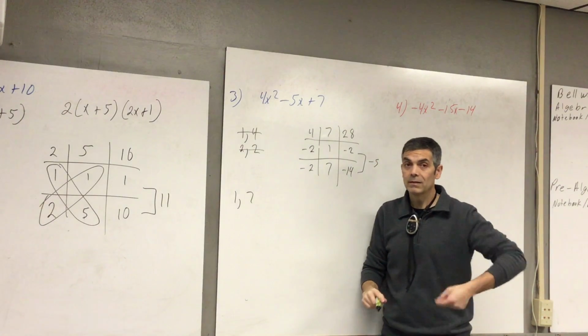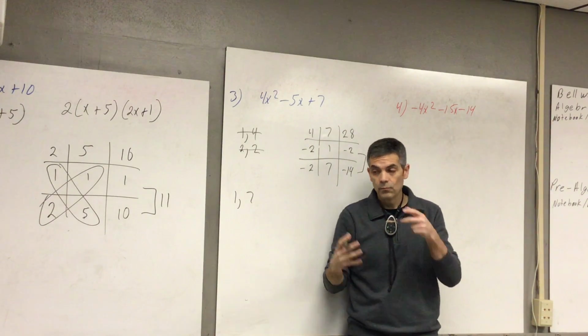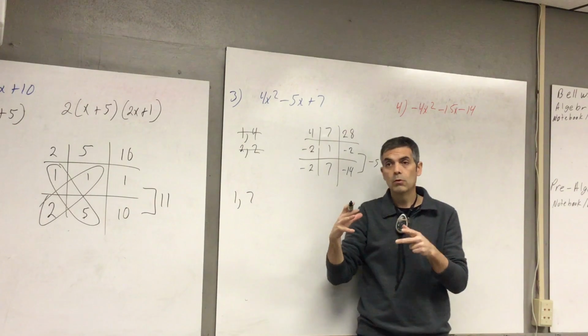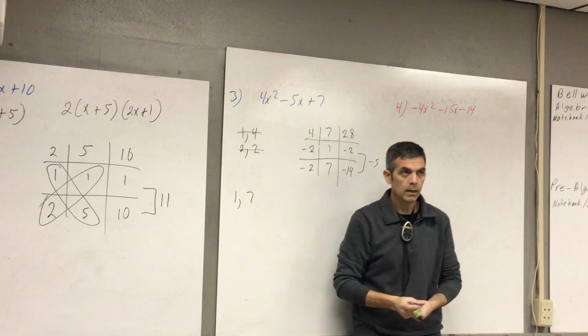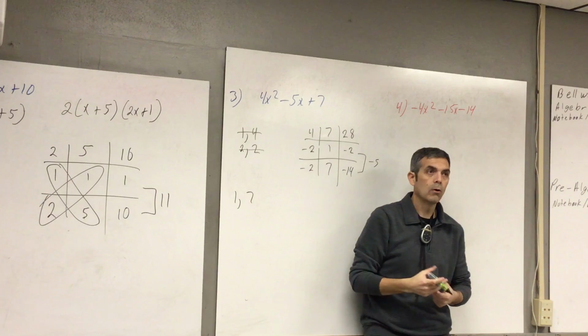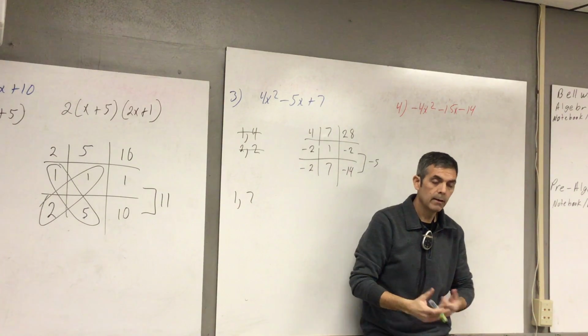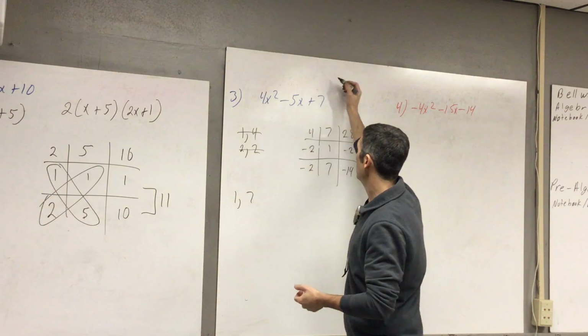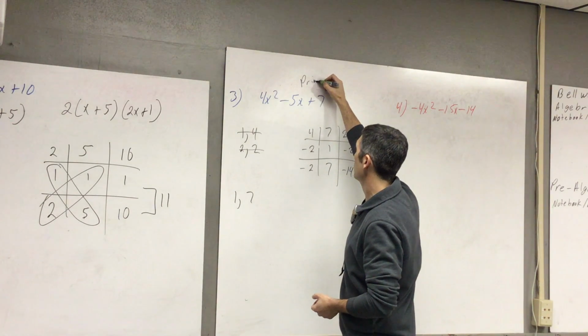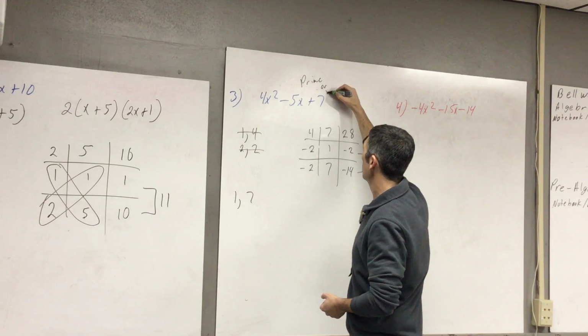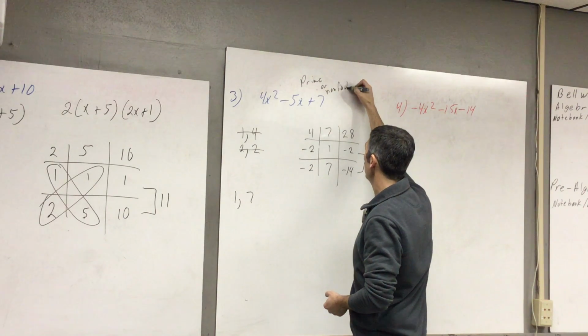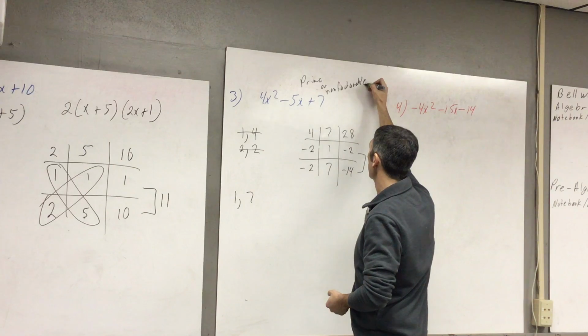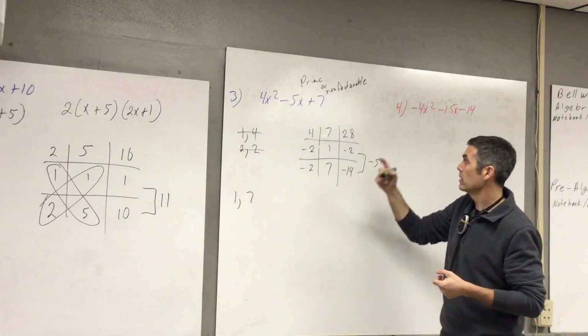Okay, now, when you get all the way through all of these, and you go, none of them work, okay? This is called prime or non-factorable. Either way, that's what you're looking at here. So this one is prime or non-factorable. Okay? That's what you're looking at.